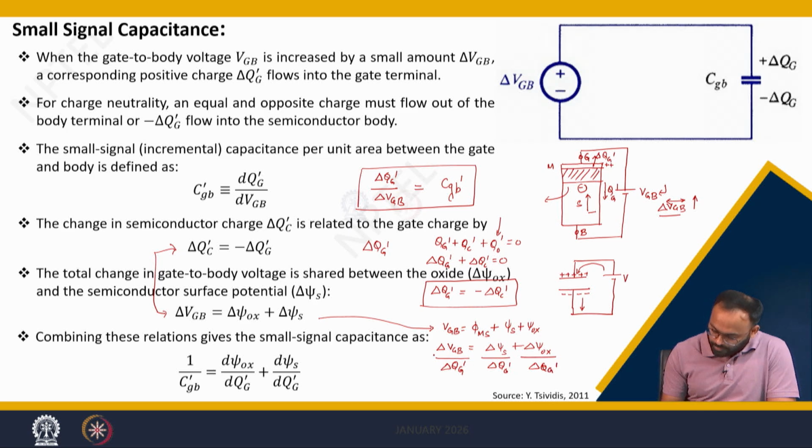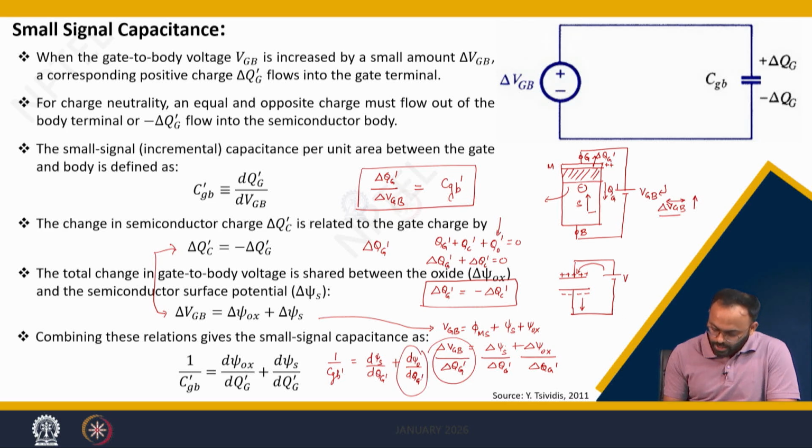This quantity will give me 1 over C. So you can see that this quantity will give you 1 over CGB dash is equal to d psi s by d qg dash plus d psi ox by d qg dash.